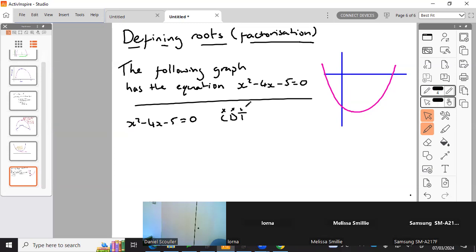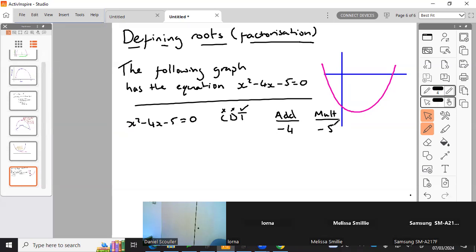Can we do the difference of two squares? No, it's a trinomial. Now remember, this is where we do our add and multiply. We're adding two numbers together to make the b term, and multiplying two numbers together to make the c term.